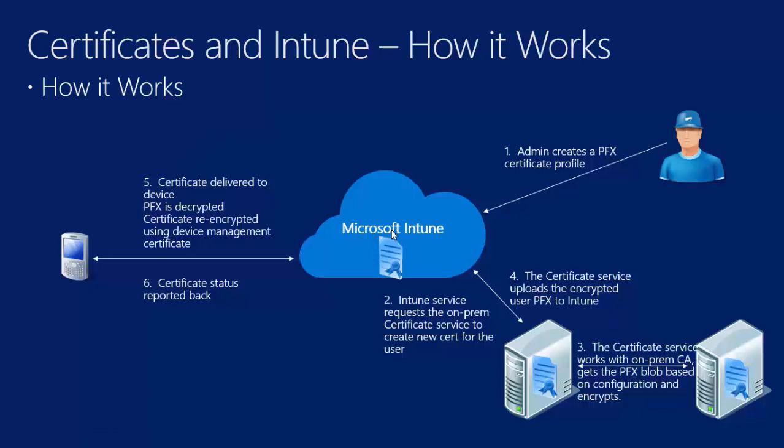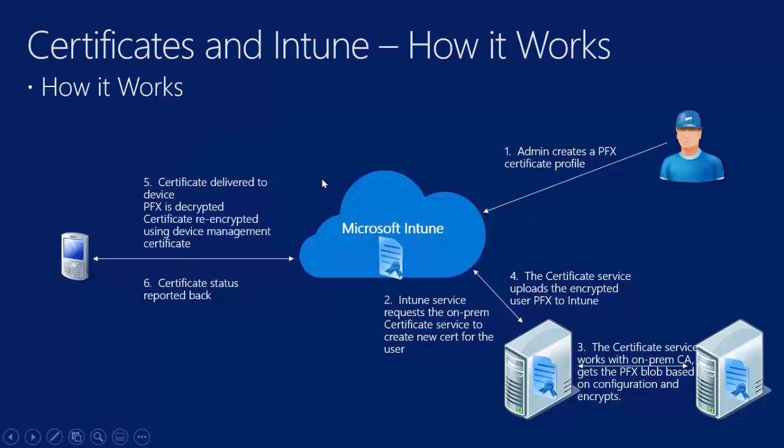And so once that happens, then the Intune service is going to request that the on-prem certificate service create a new cert for the user or the device. So the certificate service then is going to work with the on-prem CA, grab the PFX blob, and finally upload it into Intune. And then the certificate is going to be delivered to the device. One little kind of in the weeds thing is the PFX itself is decrypted and re-encrypted using the device management cert on the device. And then the status for that cert is reported back, right?